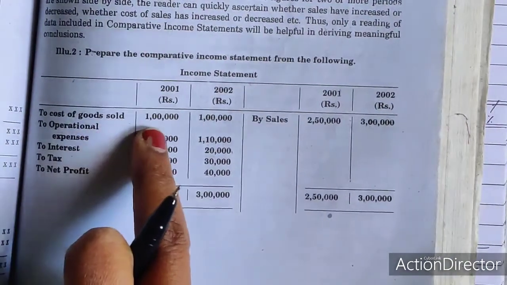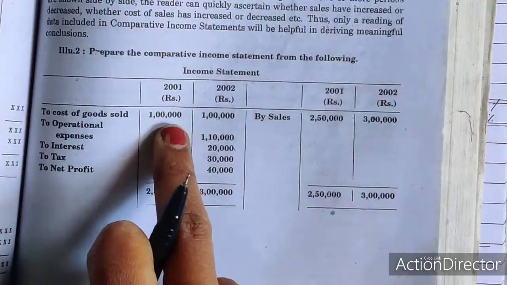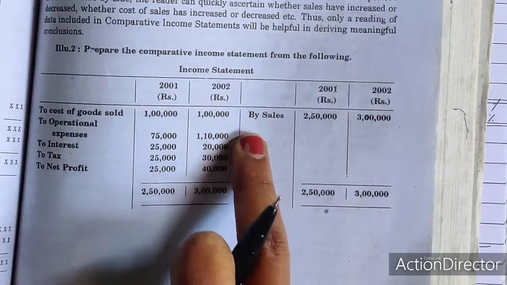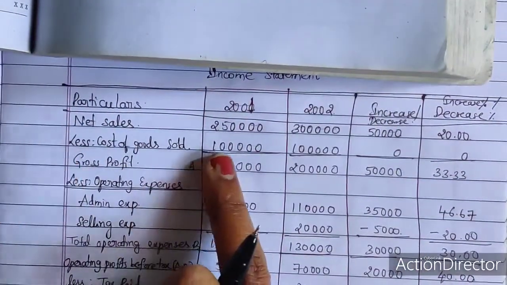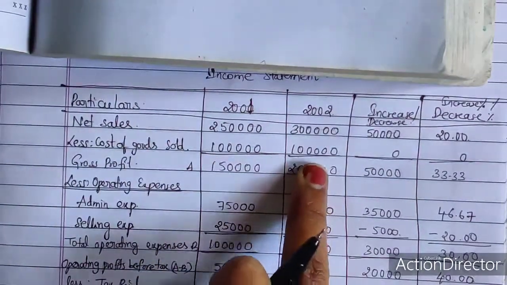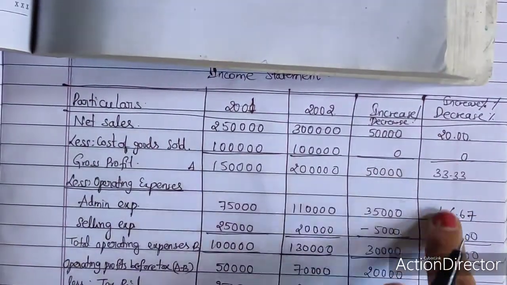Here they have already specified the cost of goods sold information. This we will directly put here. So in 2001 it is 1 lakh and in 2002 it is 1 lakh. There is no difference between these 2 years. So that's why we write here less cost of goods sold 1 lakh and 1 lakh. So there is no increment or decrement percentage.